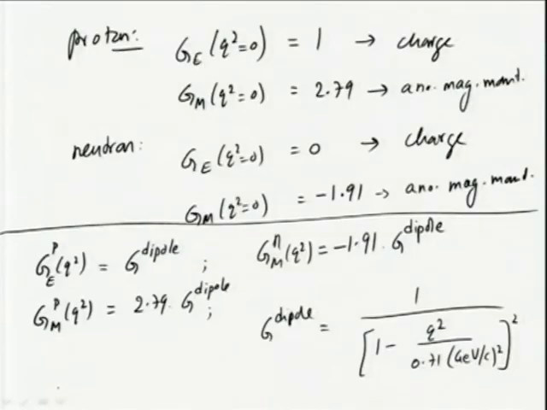The 0.71 is the one which comes below q square, with q in GeV per c. So, this is the case of elastic scattering. Now we will see what about the case of inelastic scattering.